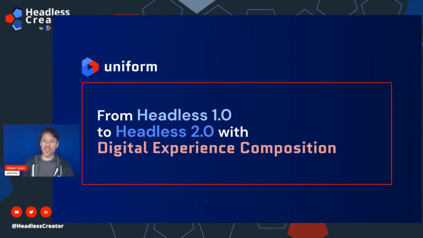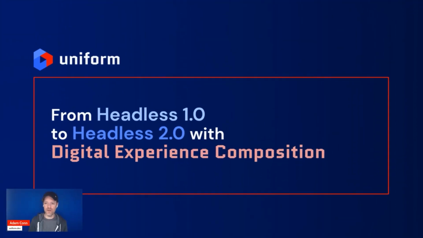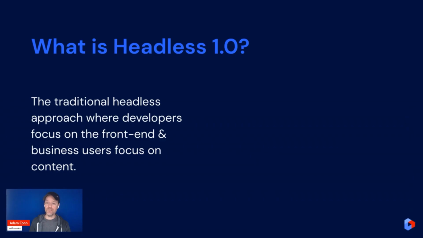So yeah, here we're going to be talking about moving from Headless 1.0 to Headless 2.0 using digital experience composition. If you're on Headless Creator, you probably know what headless is. We use the term Headless 1.0 to describe the traditional approach to designing web applications using headless systems.